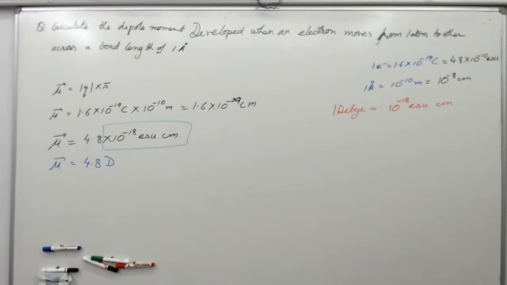Why could you not just equate 4.8 debye to 1.6 into 10 to the minus 29 coulomb meter? So we equate 4.8 debye with that, and we get the value of 1 debye in SI units.